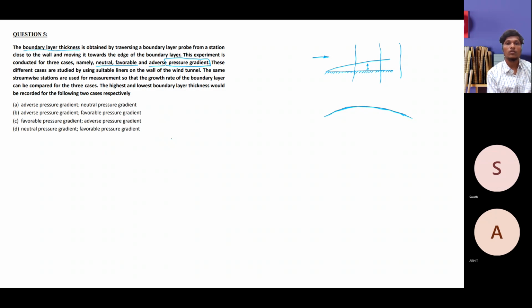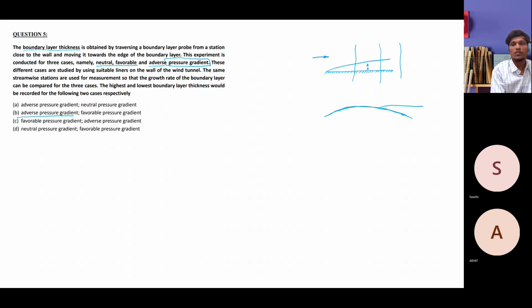You see these effects because of the curvature of the body. You will see the highest or lowest boundary layer thickness when there is the highest adverse pressure gradient. What is this highest adverse pressure gradient? It is where your flow gets separated already, which is represented with the adverse pressure gradient.